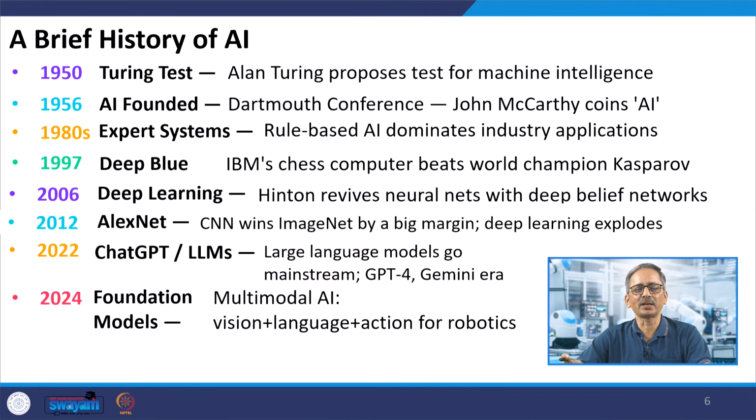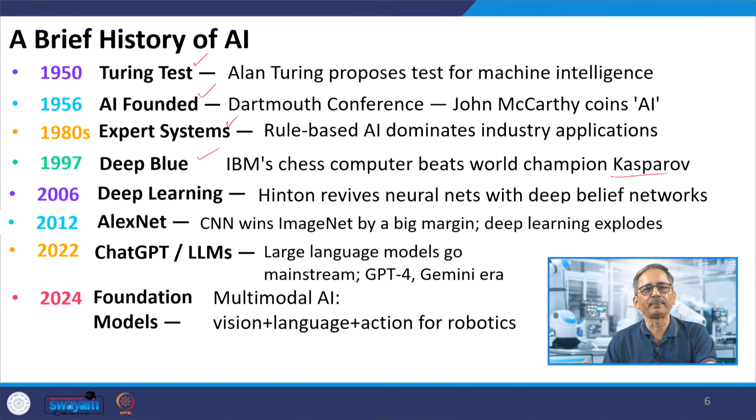Let us go for a brief history of AI. It is always better to know before studying a topic what its history has been, how things have progressed over time. The Turing test was proposed in 1950, then in 1956 John McCarthy coined the word AI, as we have seen in the last slide, and so AI was founded. In the 1980s there was a lot of talk about expert systems, which were nothing but rule based AI. In 1997 came Deep Blue, the IBM chess computer that beat the world champion Kasparov.